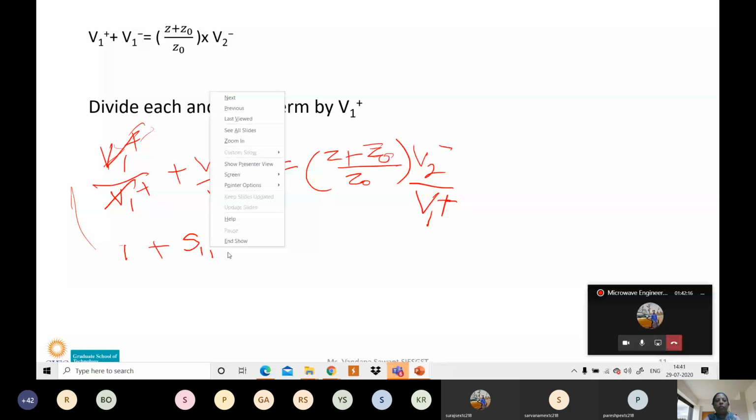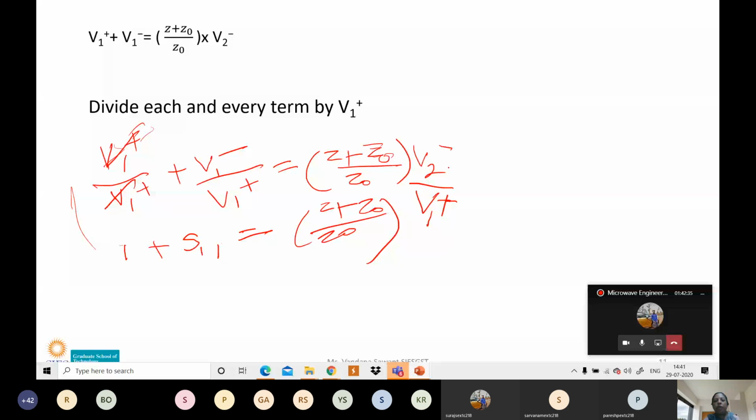So this is 1 plus S11 is equal to Z plus Z0 divided by Z0. And V2 minus divided by V1 plus is which S parameter? S21. So this is 1 plus S11 is equal to Z plus Z0 upon Z0 into S21.